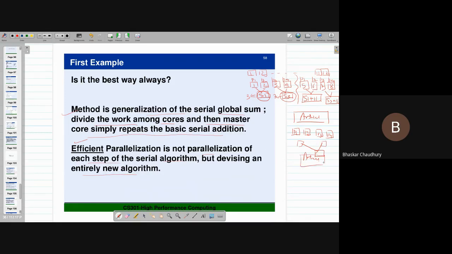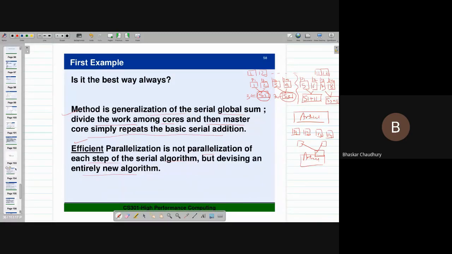If you look into it carefully, the number of computations will be the same. It's not going to be more. But if I have to compare these two designs of two different parallel algorithms, which one will you choose? So one design is this one. Look into it very carefully.